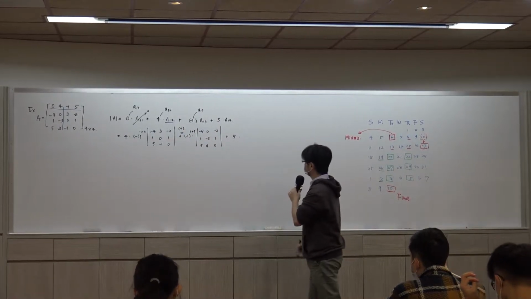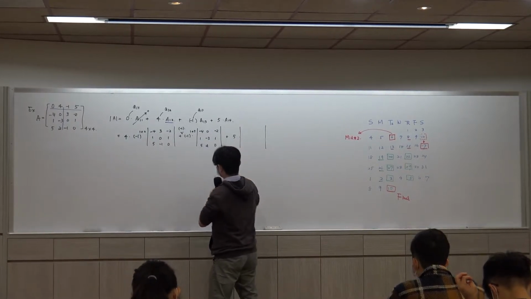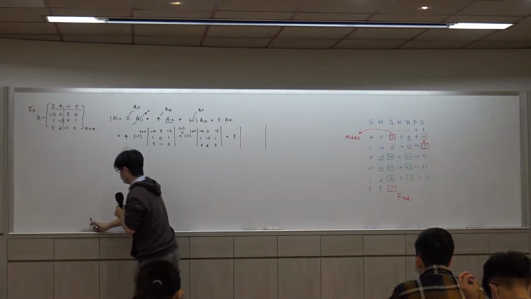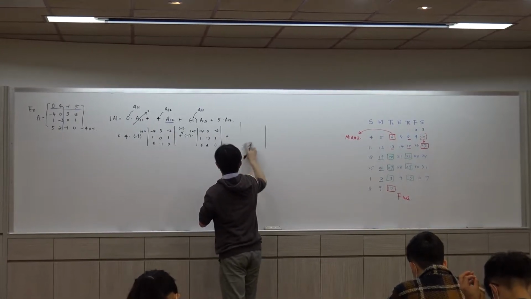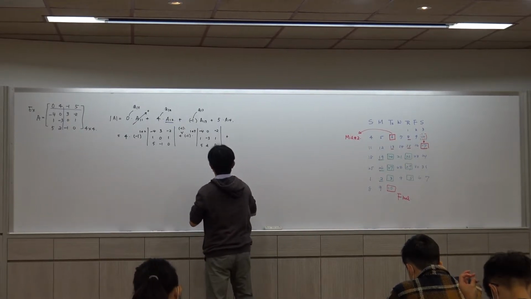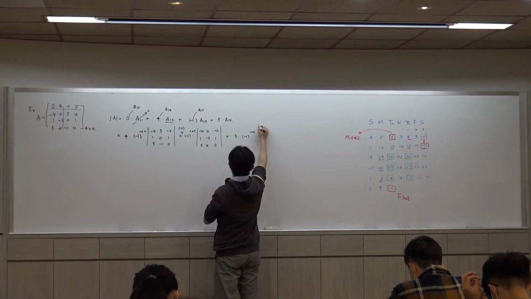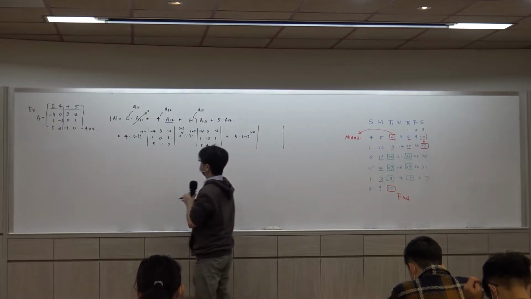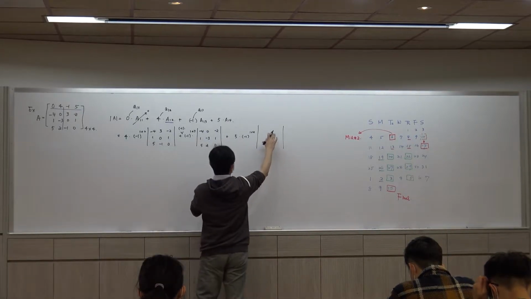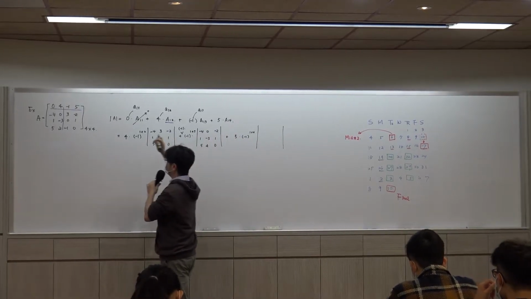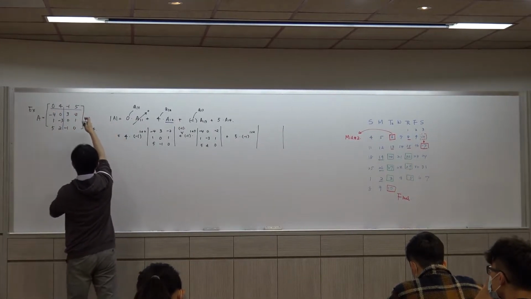For this determinant, we need to remove the first row and the fourth column.